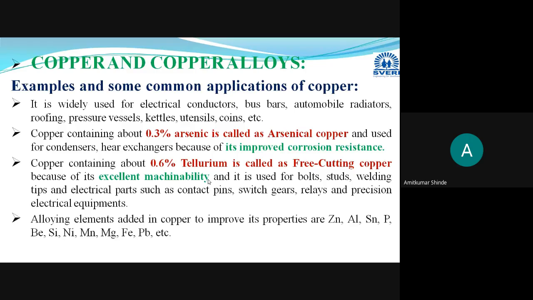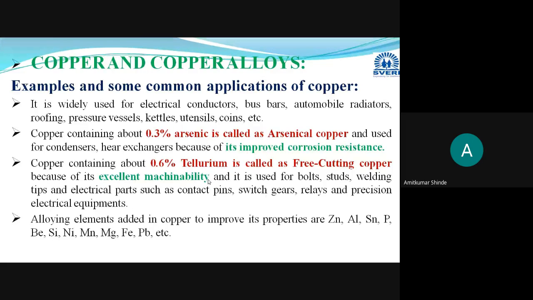Generally, copper materials are used for manufacturing electrical conductors, bus bars, automobile radiators, sometimes roofing, different kinds of pressure vessels, and different types of utensils. In older times, coins were also manufactured from copper alone. So there are many applications for copper and its alloys.